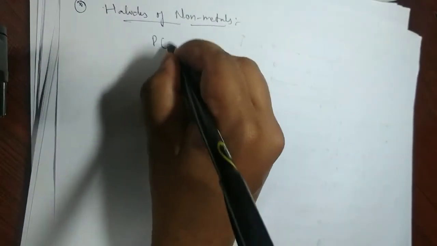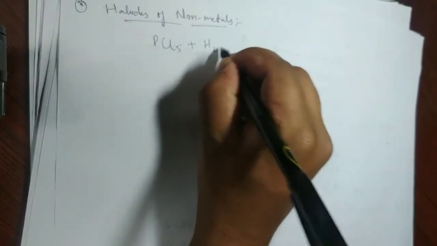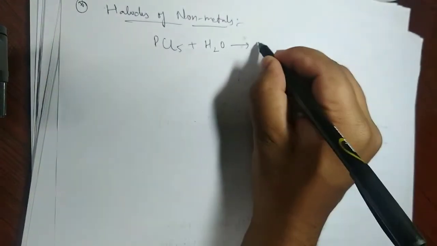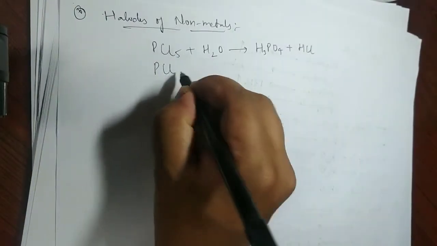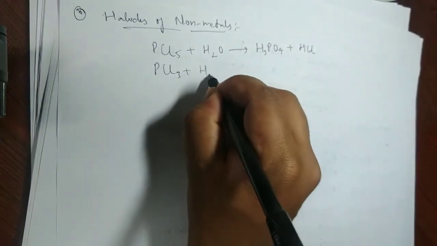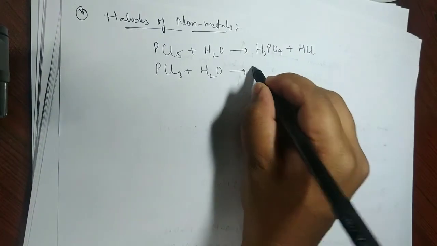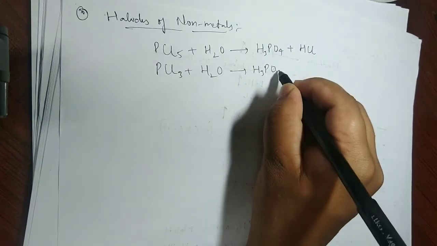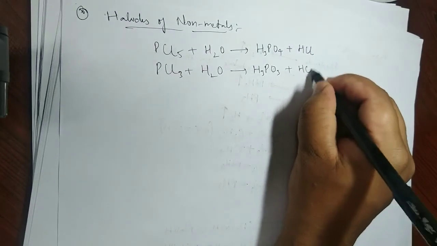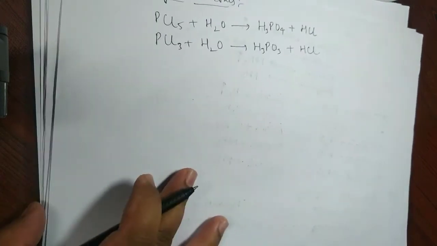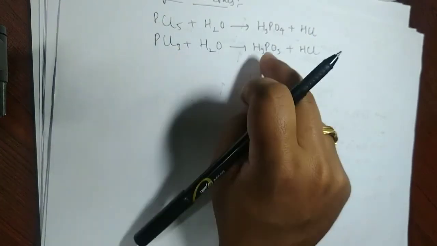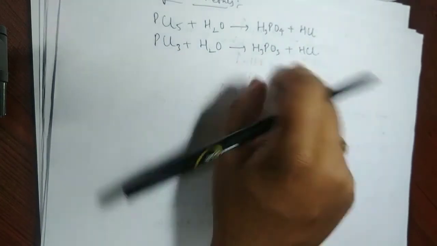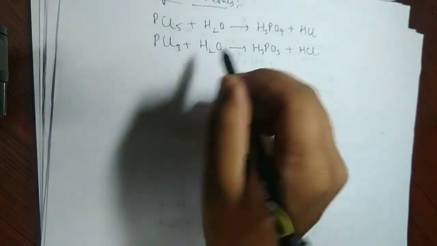Suppose I have PCl5 plus water, it forms H3PO4, phosphoric acid, plus HCl. And suppose I have PCl3 plus water, it will form H3PO3 plus HCl. So do remember this: with PCl5 I have H3PO4, with PCl3 I have H3PO3. I'm not balancing the equation. If you like, for your sake I'll balance.